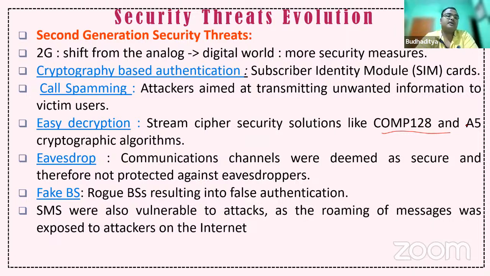But apart from that, one of the security threats even in 2G was eavesdropping. It was not protected against eavesdropping, because, as I said, COMP128 and A5, where 128 is the key size. If we go back to the details of these algorithms, they are relatively very simple to decode. If you do reverse engineering, you will get the solution of how the algorithm works.